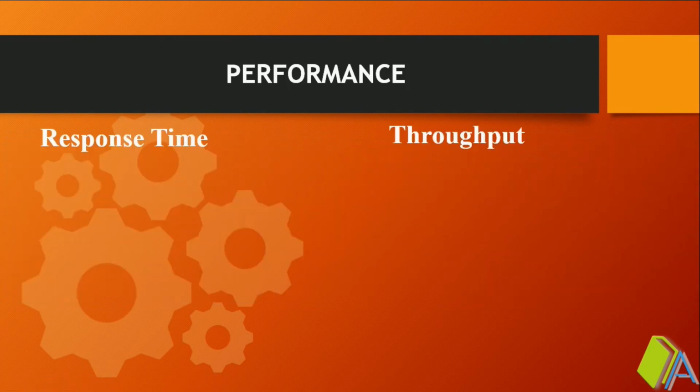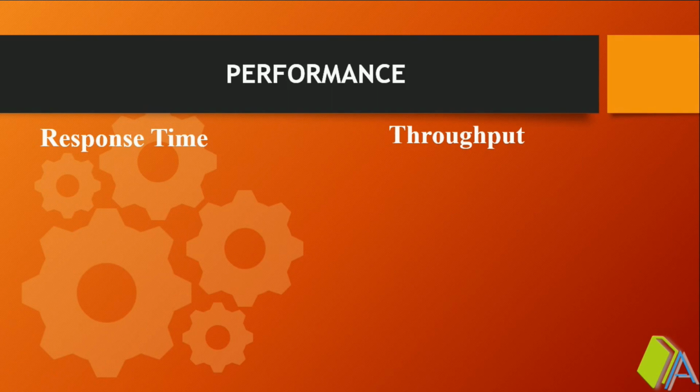Likewise, these two parameters are very important when we discuss the performance of a system. First one is response time. The response time defines the time taken by a computer to complete a particular task.